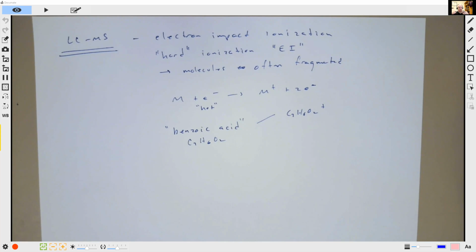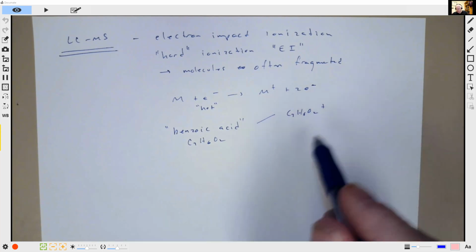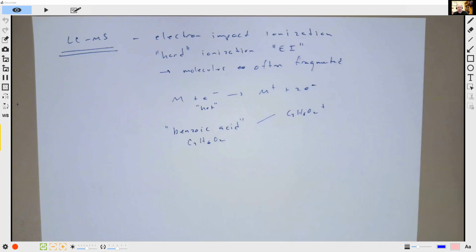You can put it through a quadrupole or a time of flight or a cyclotron or an ion trap or an orbitrap or a magnetic sector or an electric sector or any of these other different types of mass analyzers. And you could say, oh my gosh, this has a mass to charge ratio of this mass divided by 1, right?